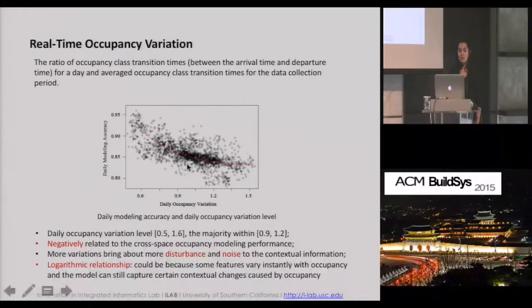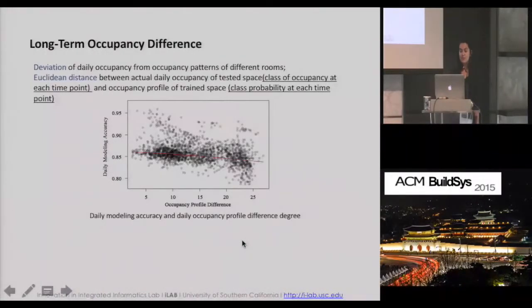The daily occupancy variation and daily modeling accuracy were negatively related, so they had a logarithmic relationship. This could be because some features vary instantly with occupancy, and the model can still capture certain contextual changes by occupancy.